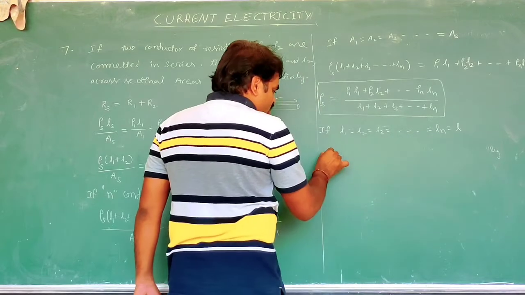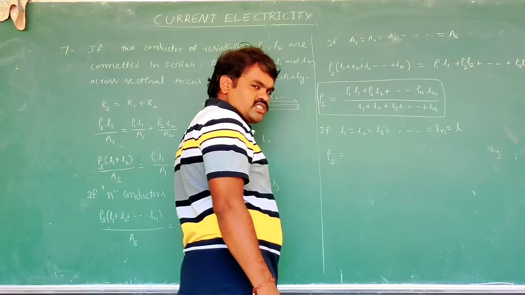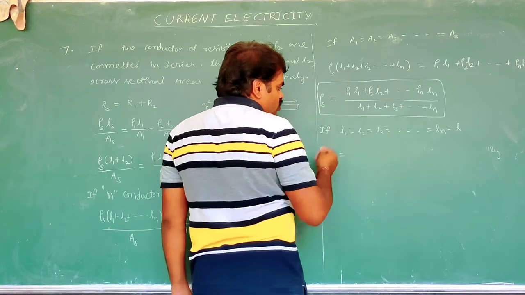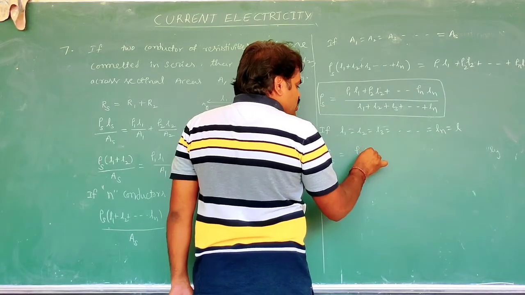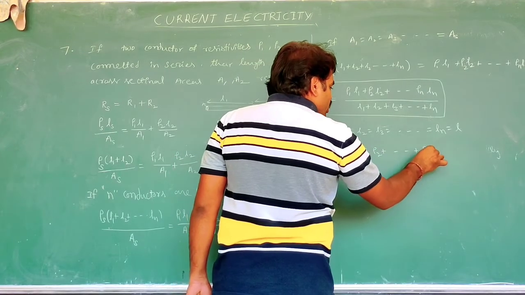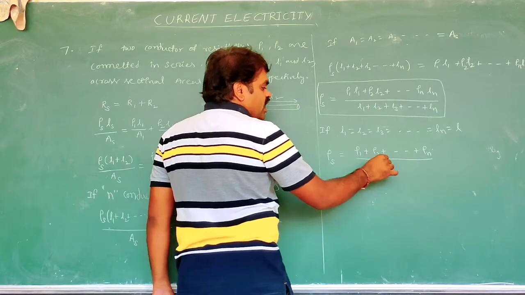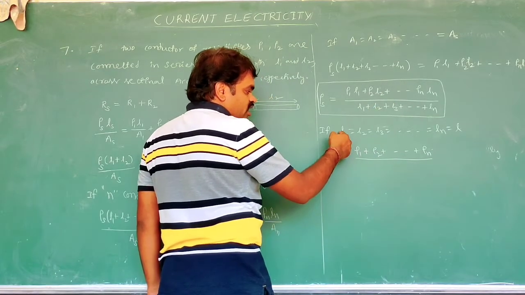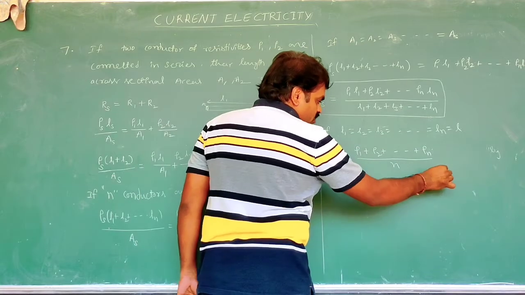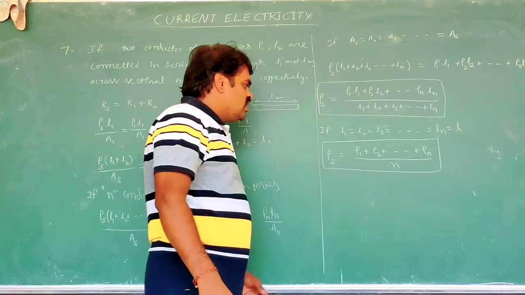What happened? That is rho S is equal to, then what do you write? Rho 1 plus rho 2 plus dash dash dash plus rho n by what? L plus how many L's? N L's. L is common here and cancels. What are you getting? N. This is simply, we say what?